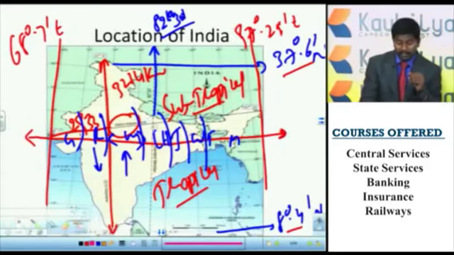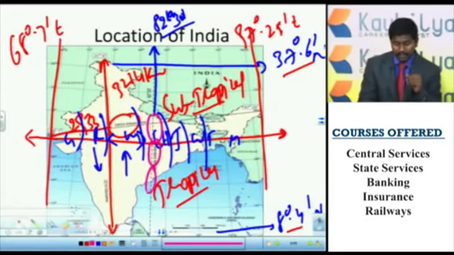The states which pass through 82.5 degrees east longitude are Uttar Pradesh, Madhya Pradesh, Chhattisgarh, Odisha, and some parts of Andhra Pradesh, and in Andhra Pradesh the Pondicherry province, Yanam in Pondicherry, also passes through this longitude. So five states along with one union territory, Pondicherry, pass through this Indian standard meridian.